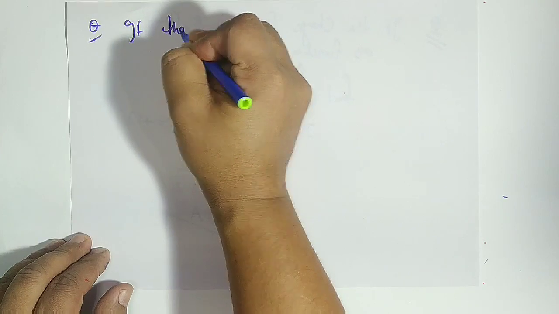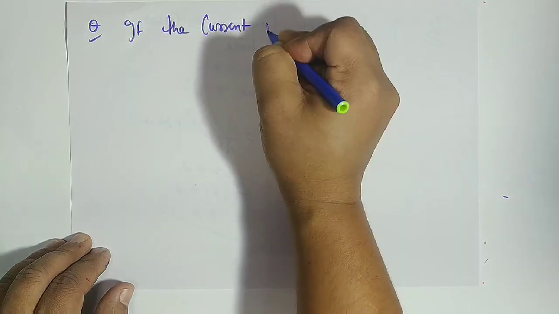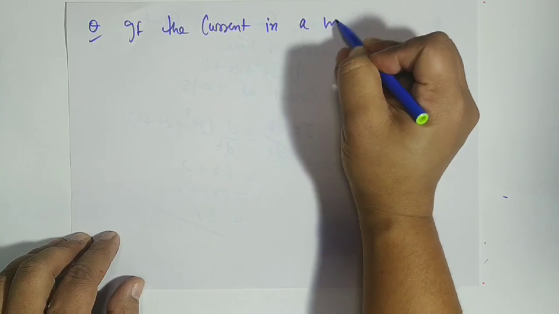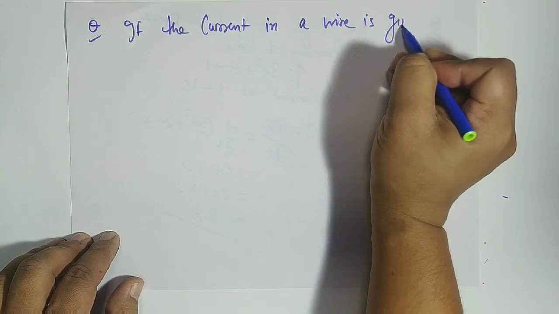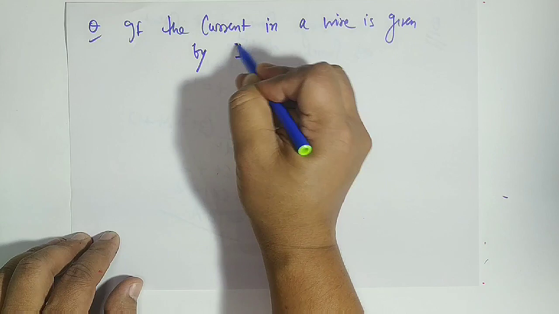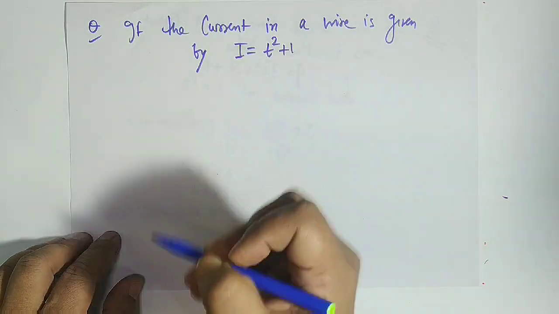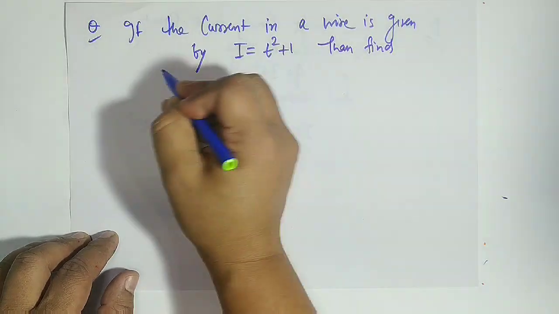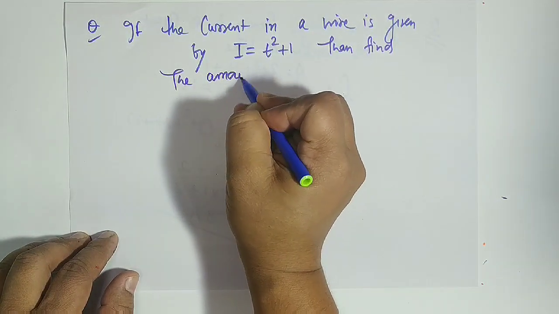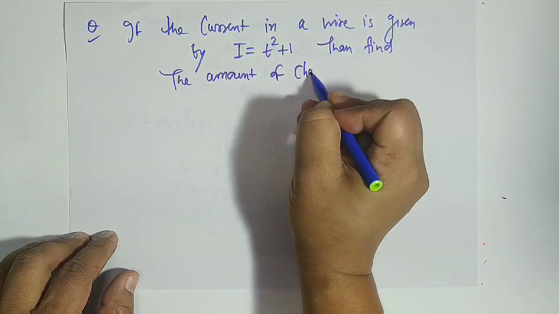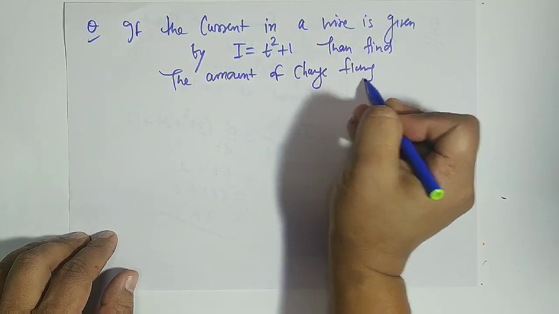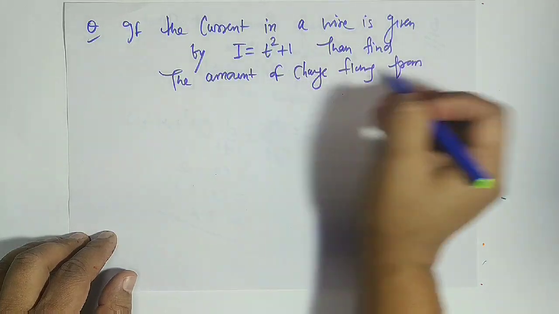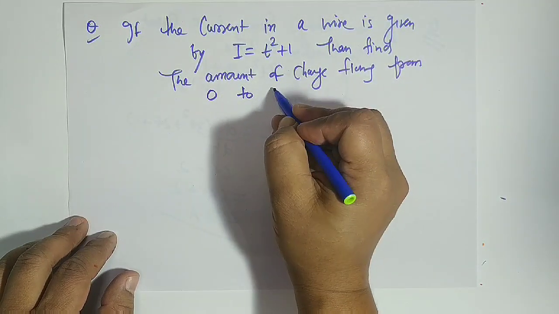Sometime you will be given that if the current in a wire is given by I equal to t square plus 1, then find the amount of charge flowing from 0 to 2 seconds.